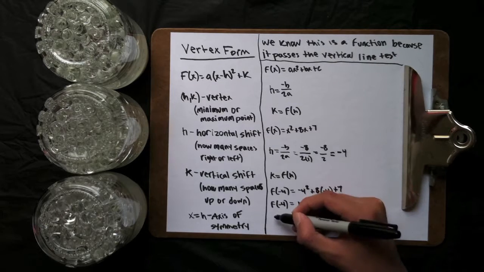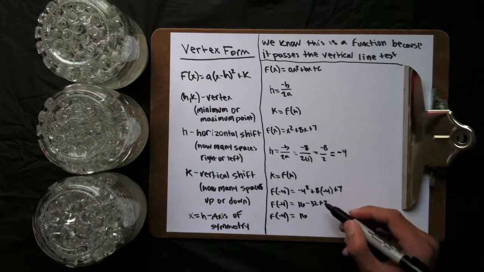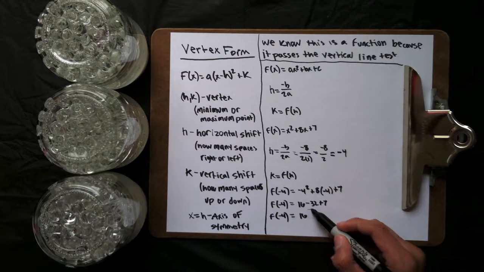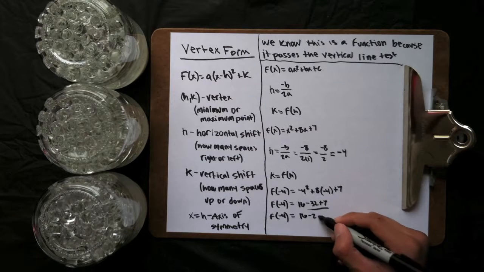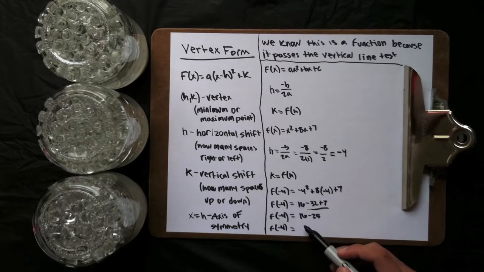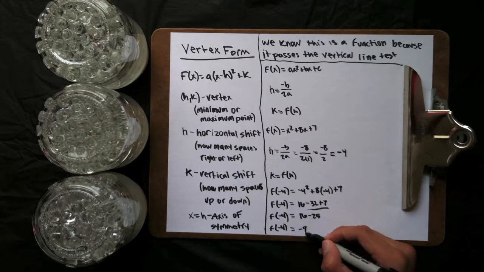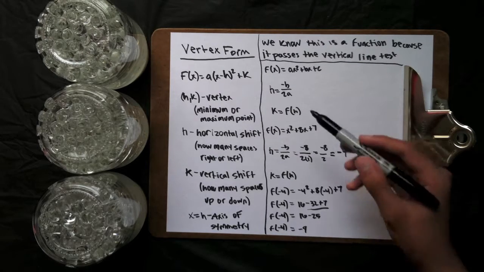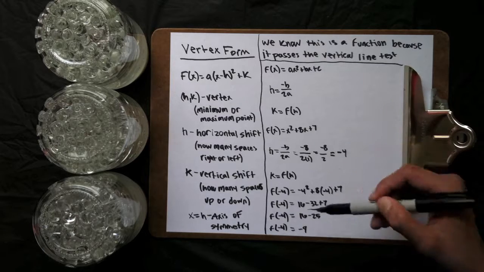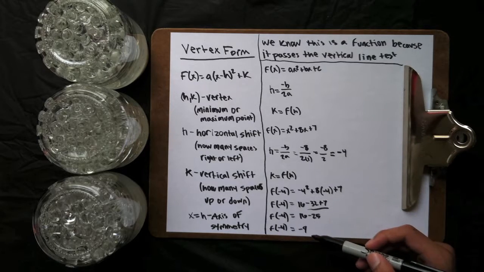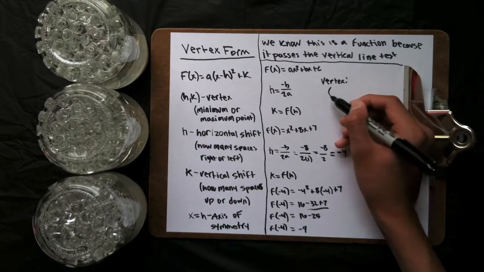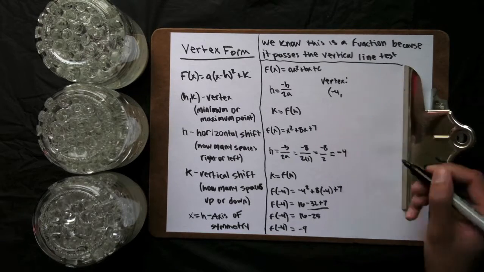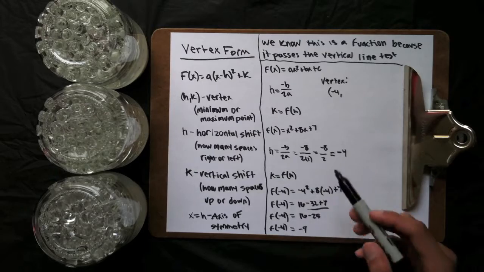Then negative 32 plus 7 results in minus 25, and 16 minus 25 gives us negative 9. So h equals negative 4 and k equals negative 9. Our vertex is h, which is negative 4, comma k, which is negative 9.